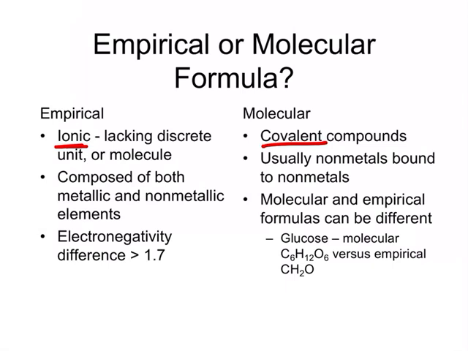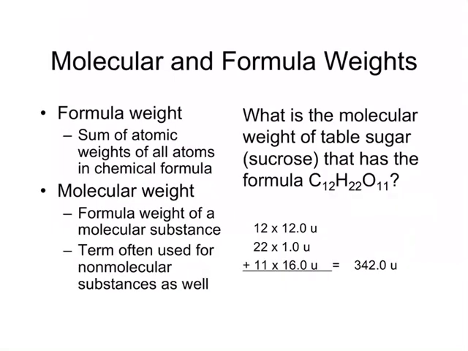Remember the difference between the two: ionics are metallic with nonmetallic together, whereas covalents are nonmetals. Here is another example of an empirical formula. If you had C6H12O6 and divided all three numbers by 6, it would be CH2O.